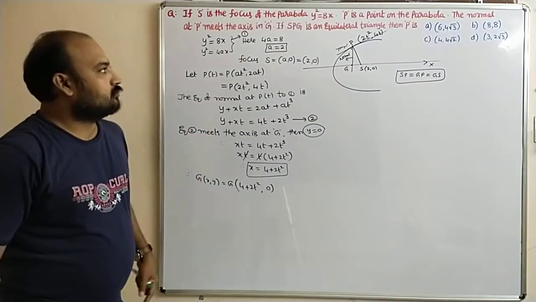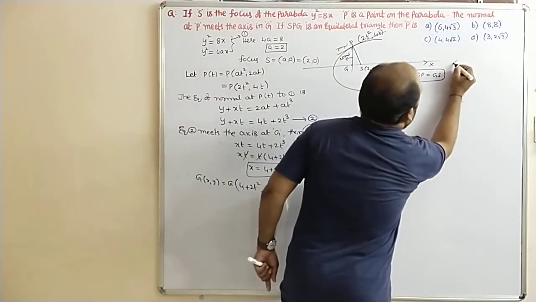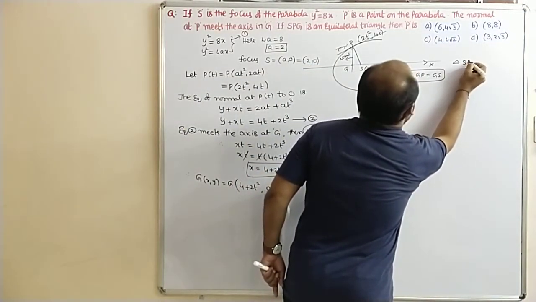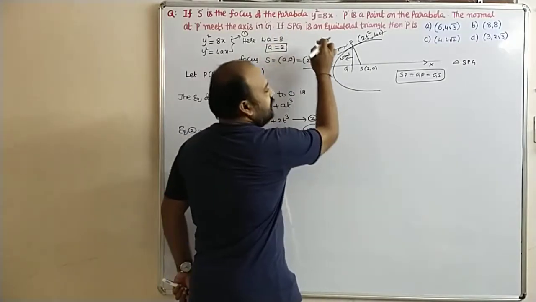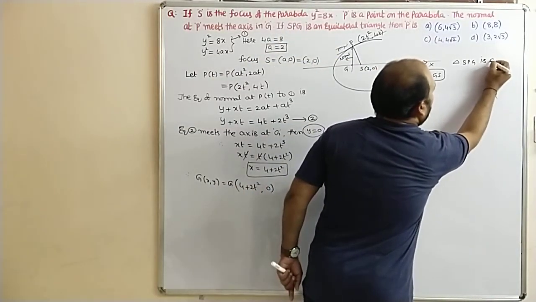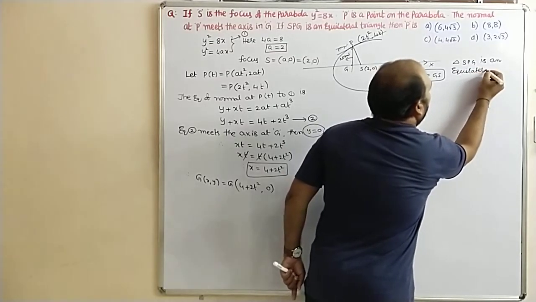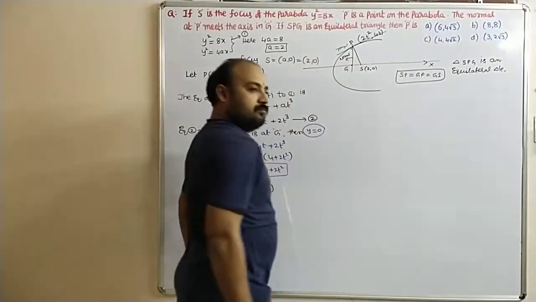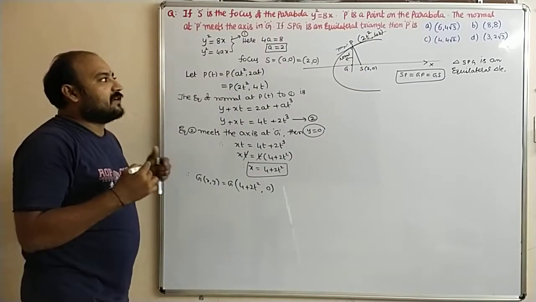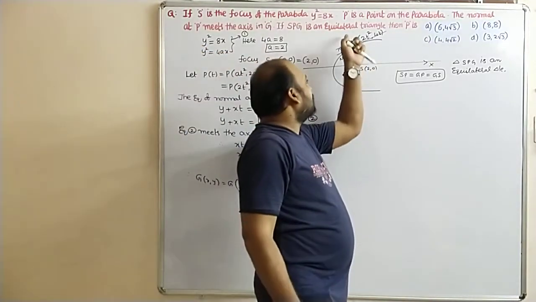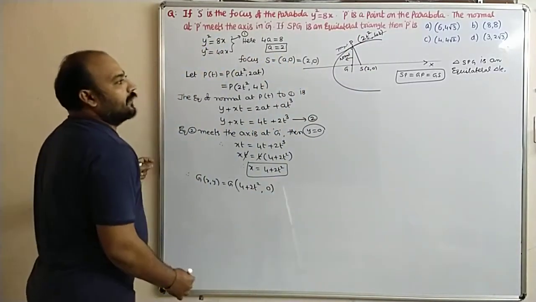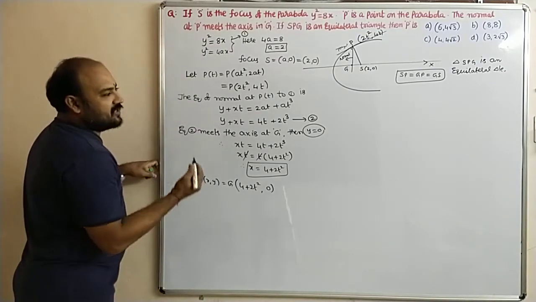Now, since triangle SPG is an equilateral triangle, we will calculate the distances SP and GS.